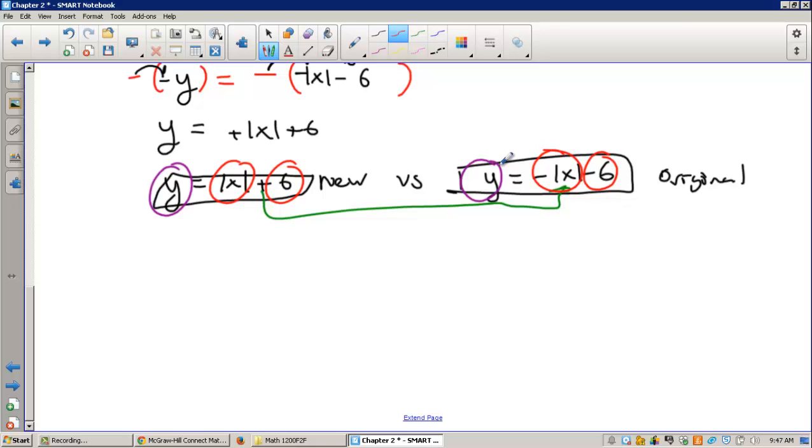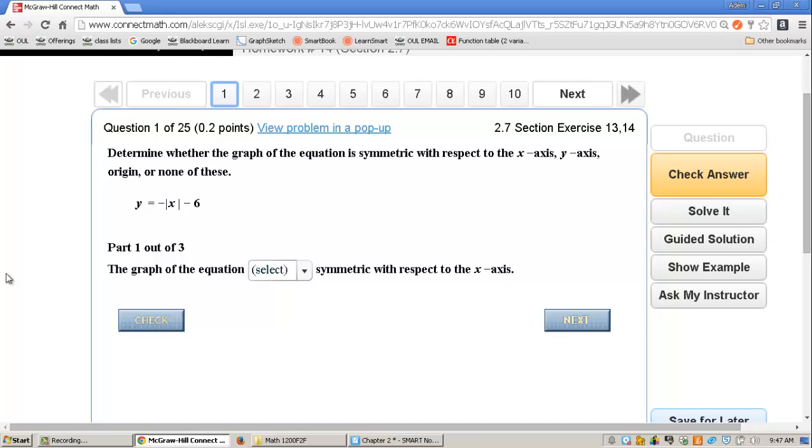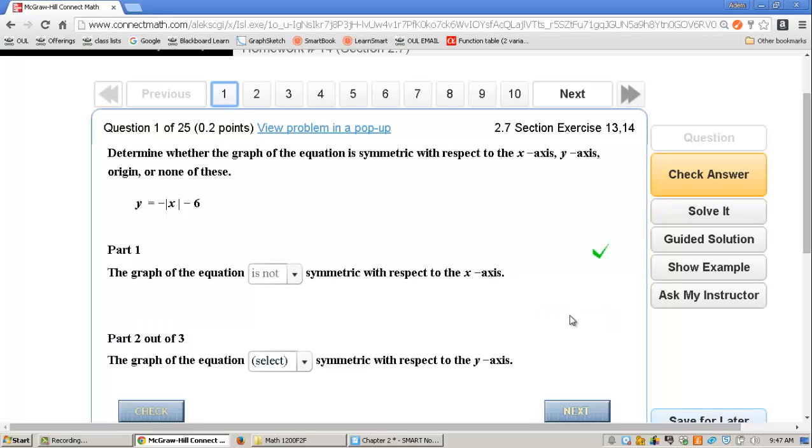So we say there is no x-axis symmetry. Okay? Is it clear? It is not symmetric with respect to x.